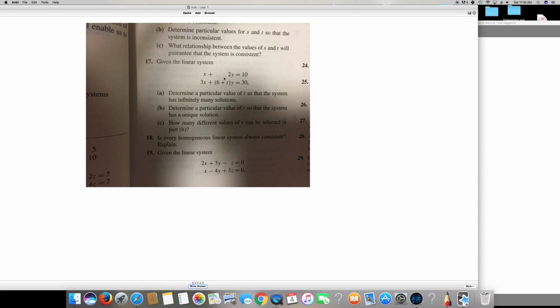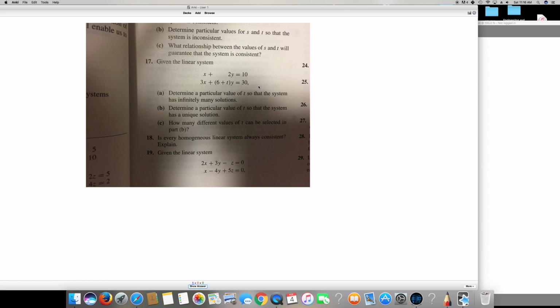Given the linear system x plus 2y is equal to 10 and 3x plus (6 plus t)y is equal to 30, the first question is asking to determine a particular value of t so that the system has infinitely many solutions. As we said already, if the system has to have infinitely many solutions, the first equation and its multiple have to be similar.